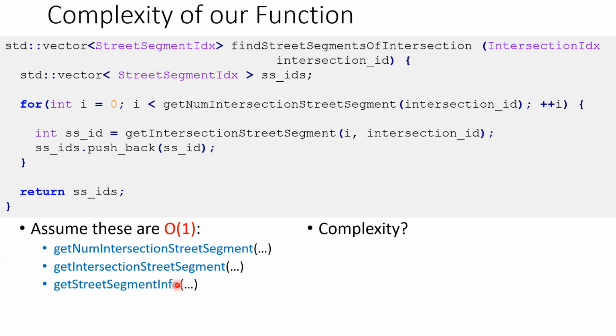What is n? Yes, it will be the number of street segments connected to the intersection. You both can get a chocolate bar if you want.